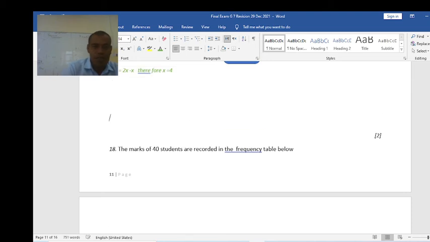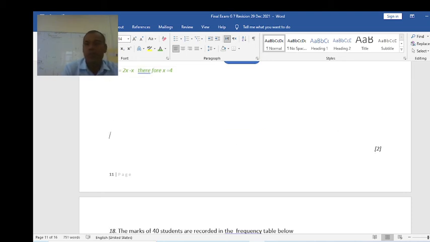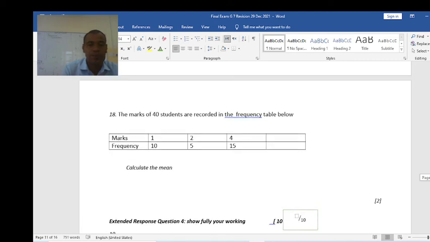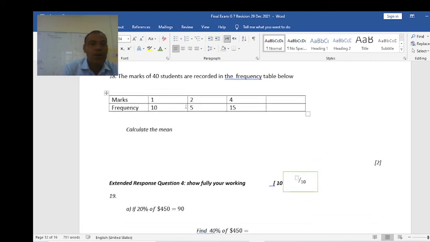Okay, I will just put it here. Here we have the marks of students recorded in the frequency table. Calculate the mean. The mean, my learners, is, no, not this. I need the fraction.